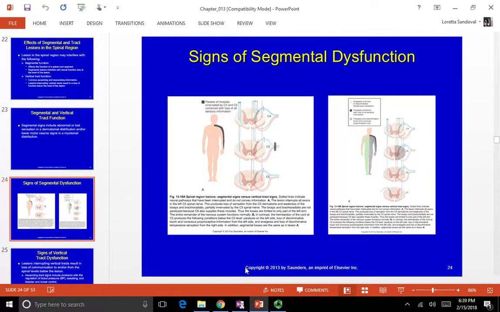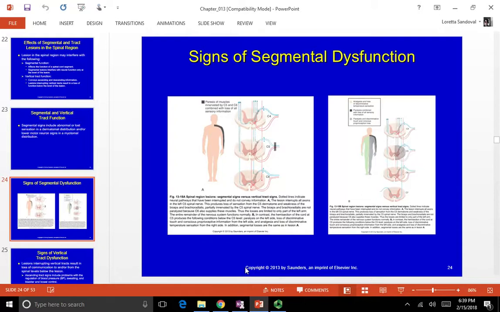So in the book on page 311, there is a little diagram, and I know that in the PowerPoint the print is extremely small and it's very hard to read, but it talks about segmental signs versus vertical tract signs. So the dotted lines are neural pathways that have been interrupted and don't convey information, and the solid lines are the uninterrupted pathways.